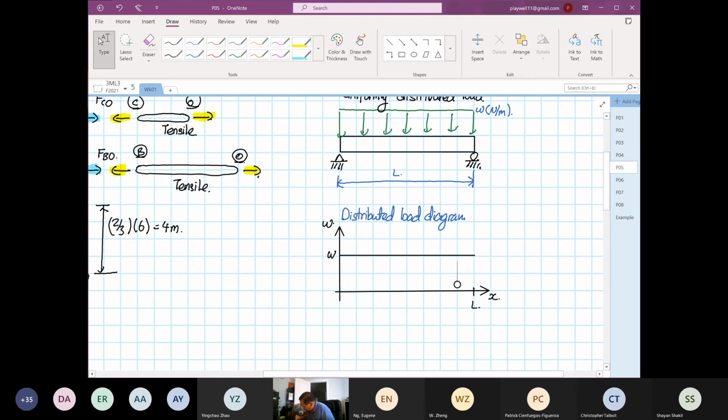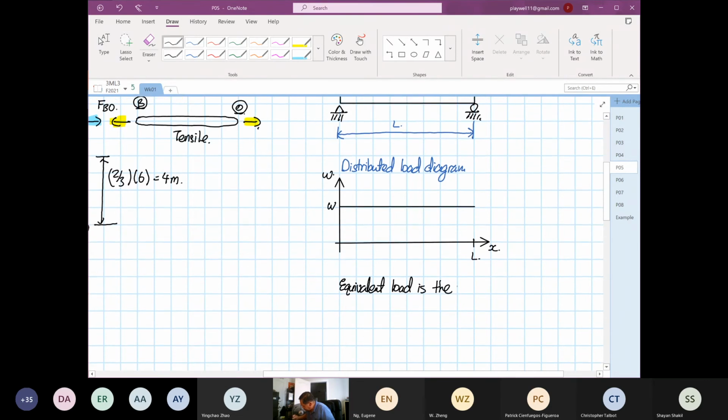So the equivalent load is the area under the line. So that is this area over here, up to L. Okay.